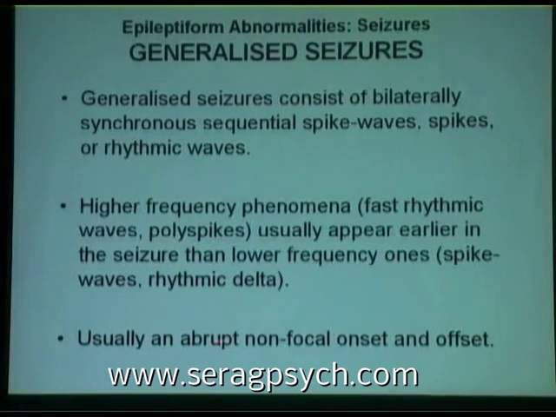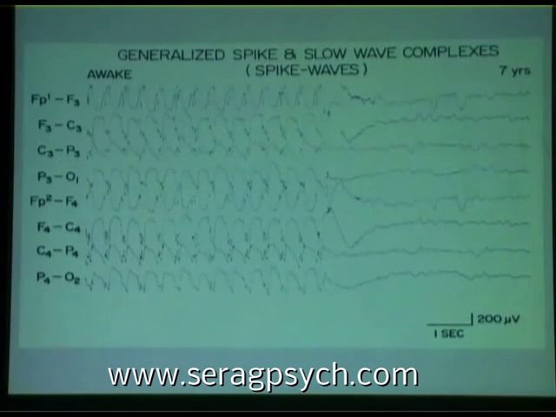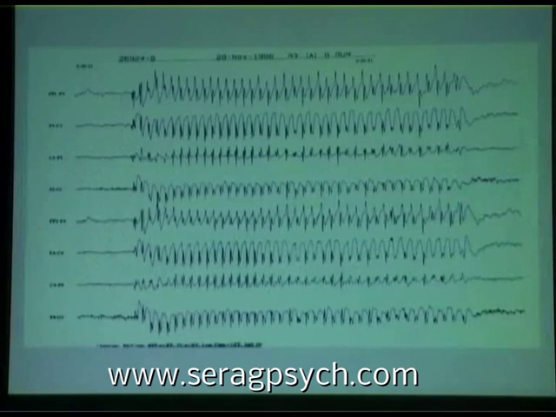And usually there's an abrupt, non-focal onset and offset. Next. Well, that's a terrible slide, so we won't show it. The next one will be terrible too. Okay, let's continue. That's a little bit better. And again, you know, that sudden onset and sudden offset there in an absence.